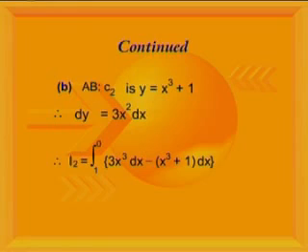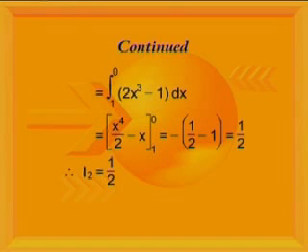So our integral now becomes, we call it I2, the integral of 3x cube dx minus (x cube plus 1) dx, and limits for x are from 1 to 0.